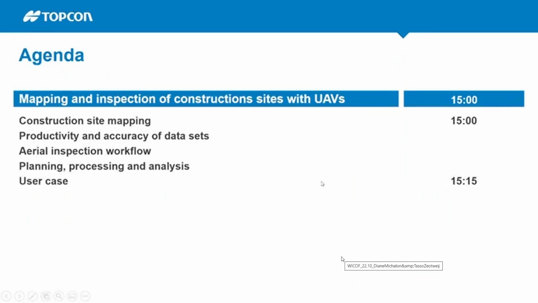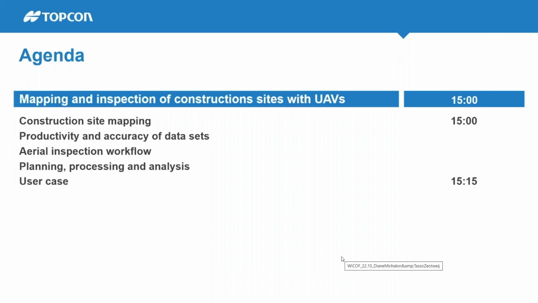The agenda will be as follows. We'll be talking about mapping and inspection of construction sites using UAV. The first part will be around mapping of construction sites. We'll show you how it works in practice, and then we'll discuss the benefits of changing from traditional means towards UAV, those mainly being productivity and better data sets.